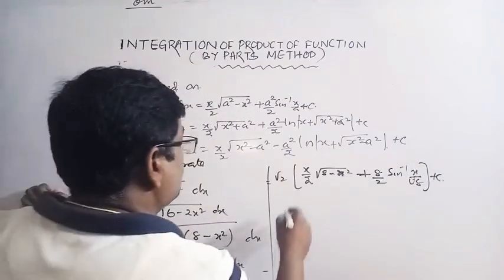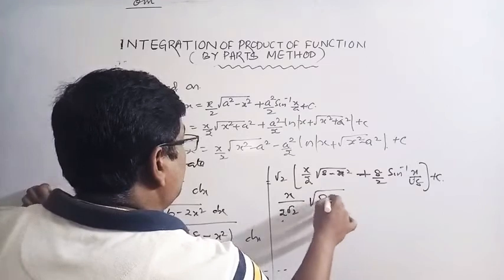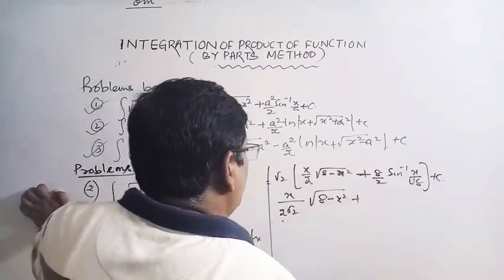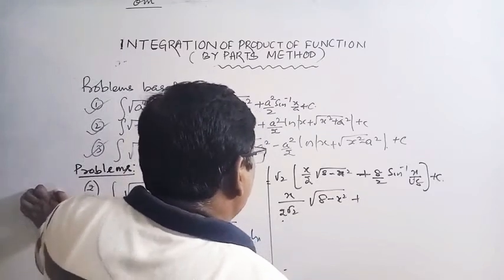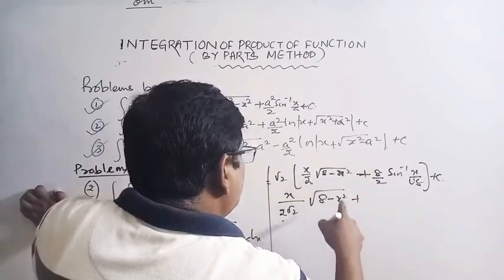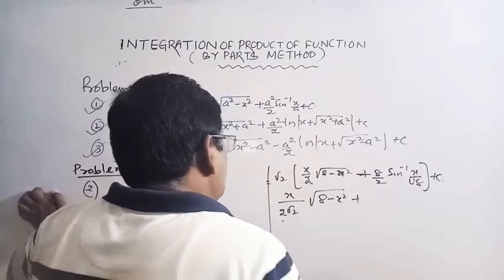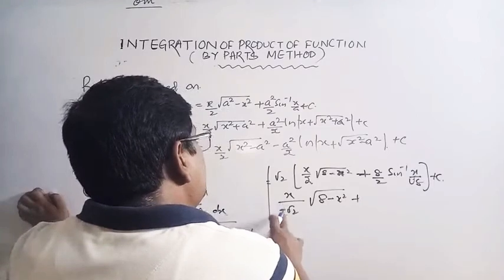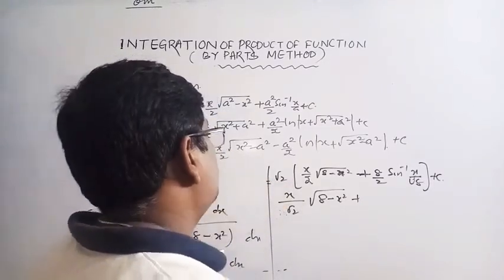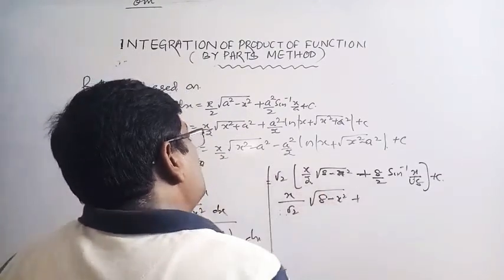This is equal to what? That is x by 2 root 2 root over 8 minus x square plus this is 4 by root 2, that is 4 root 2. Clear? This is root 2 here, that is x by root 2, and 8 by root 2.